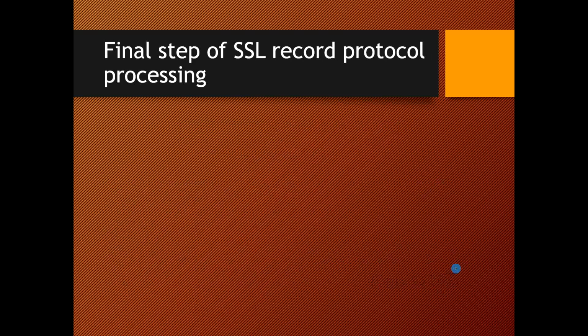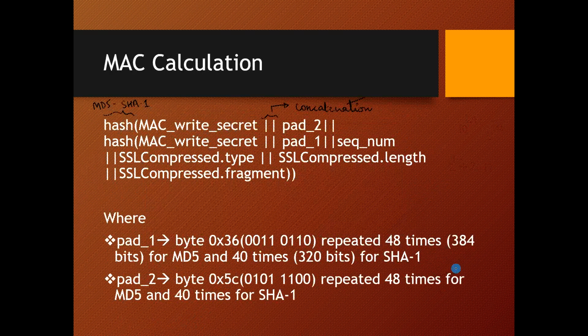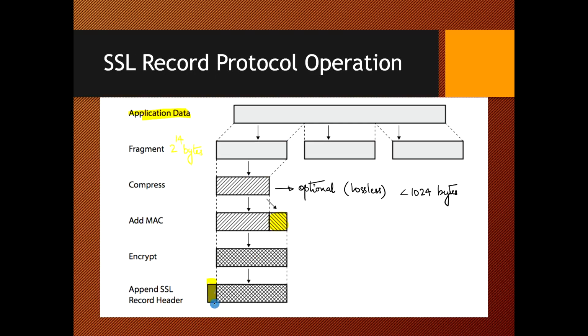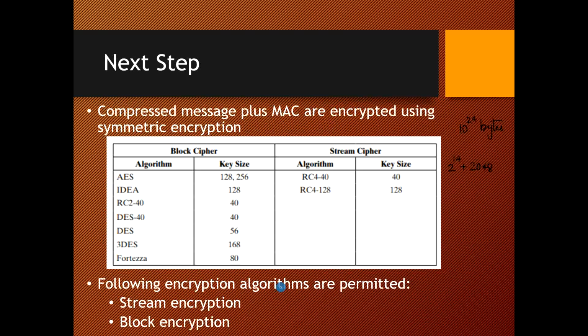Now once we have performed compression, calculated the MAC, and performed encryption, the next step would be to compute the header. We need to compute the SSL record header, which will be appended to the encrypted data. So that is the final step.